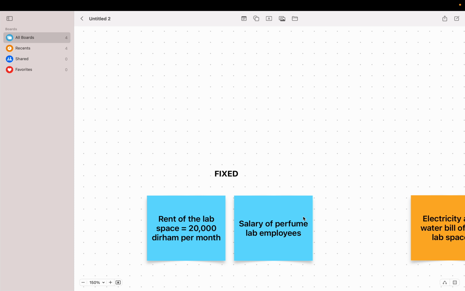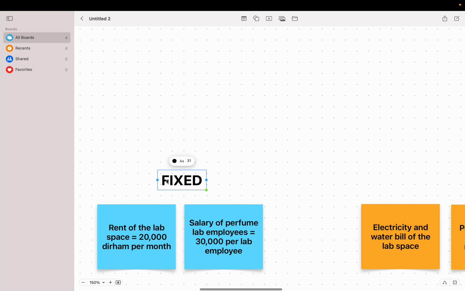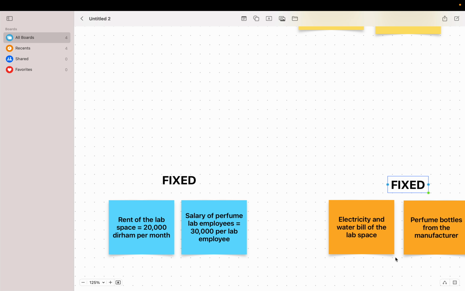Salary of the perfume lab employees, let's say this is not going to change month to month. Let's say, I don't know, like 30,000 per lab employee. Let's say this is fixed. It's not going to change. This is called a fixed cost because from month to month, whatever happens, the cost is not going to change. Whereas we do have something called a variable cost.